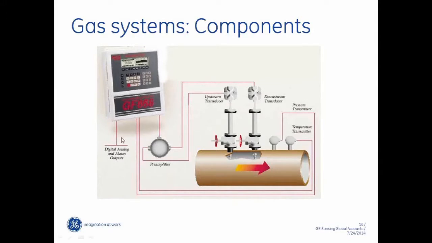But what we add is a preamplifier within 10 feet of the transducers, and the reason for that is gases are very noisy. So we take the signal off the transducers and we amplify that good signal to move it back to the electronics. We do that within 10 feet of those transducers before it deteriorates too much for us. And past those electronics, we typically can go out 500 to 1,000 feet or less. But we typically custom make those cables for you to whatever length you need.